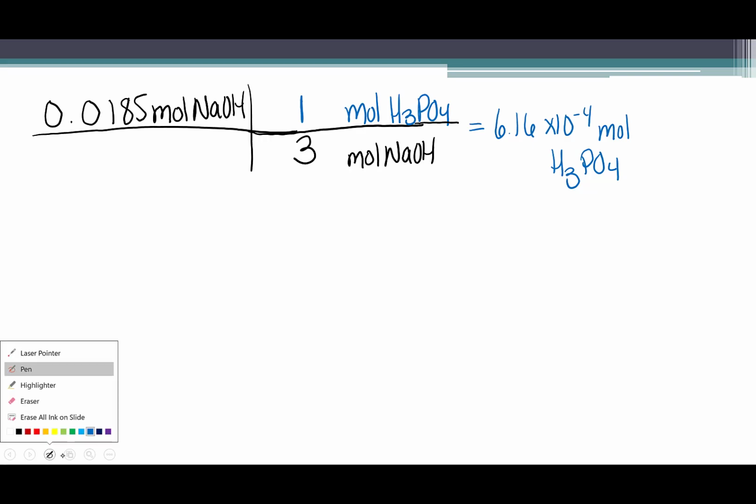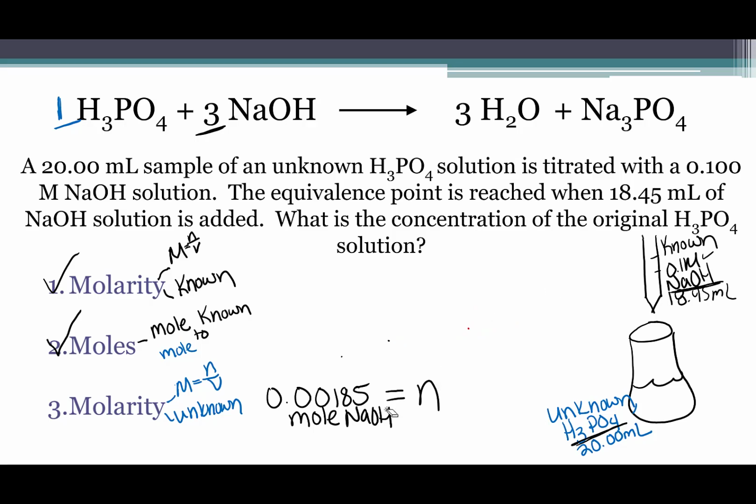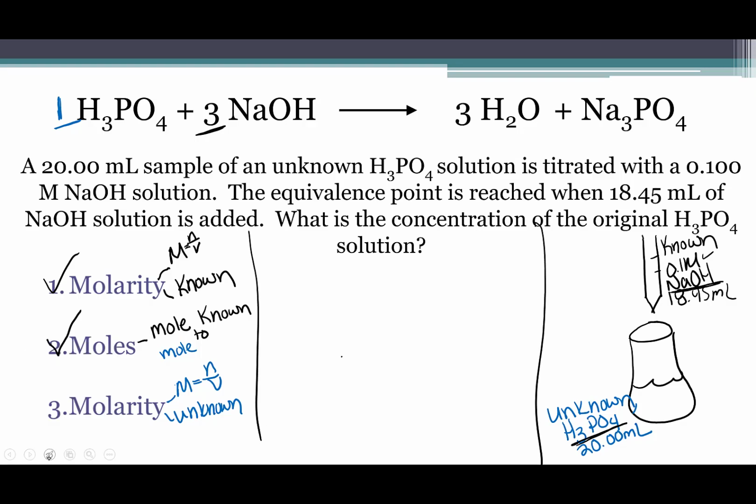I think I wrote this wrong. Typed it into my calculator correctly. Just forgot that 0. Okay. All right, so we've got molarity, check, moles, check. Now we need to go back to that molarity equation so we can figure out what is the concentration of our unknown solution. So we go back to the molarity equation.